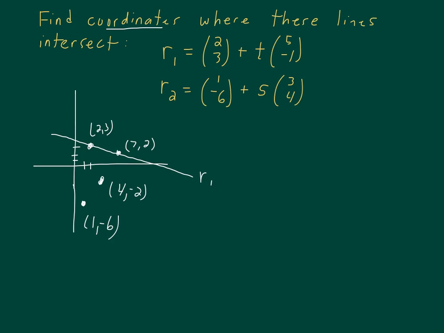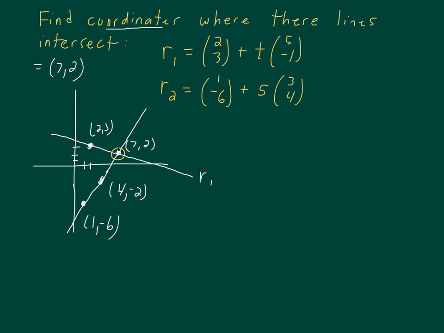And then from that point, and again, the direction vector is (3, 4), so we're going to be heading this way. From there, if I were to add 3 onto the 4, I'm going to get the 7. And then if I were to add 4 onto the -2, I'm going to get that positive 2. So we could actually see right where they intersect. Okay, so the coordinates here would be (7, 2).